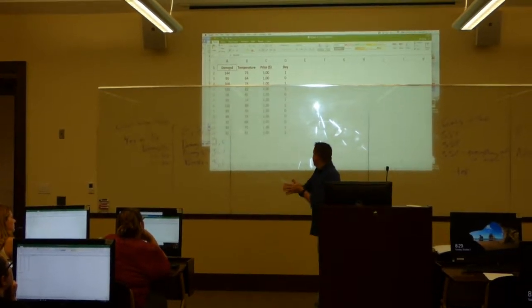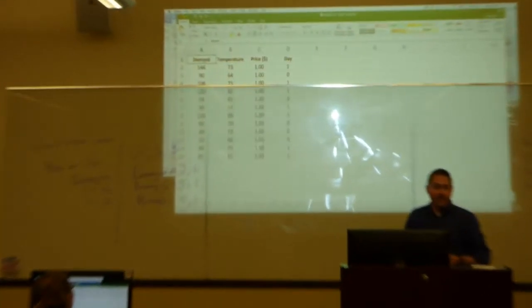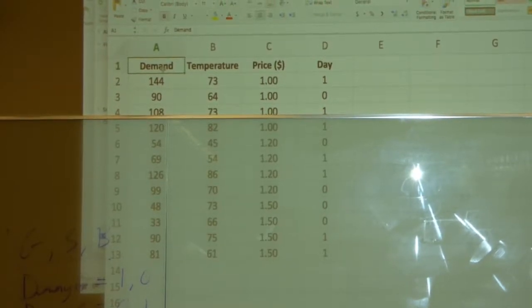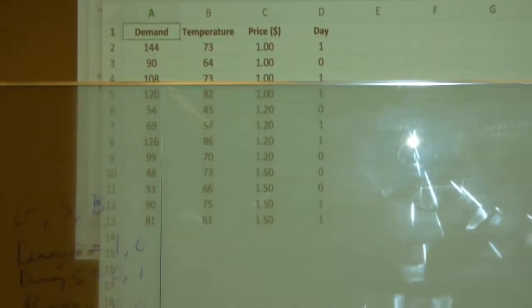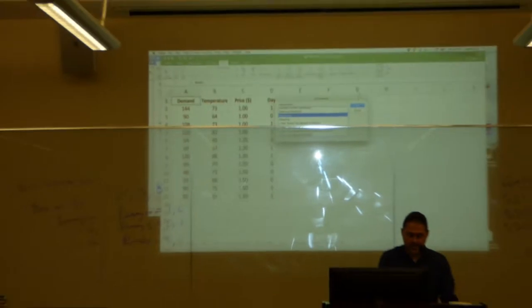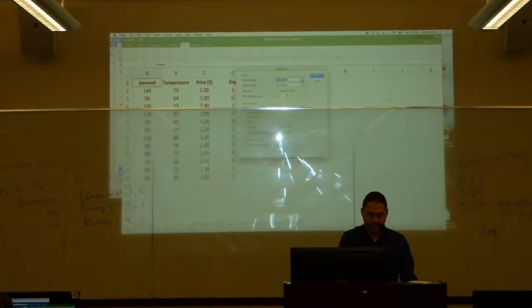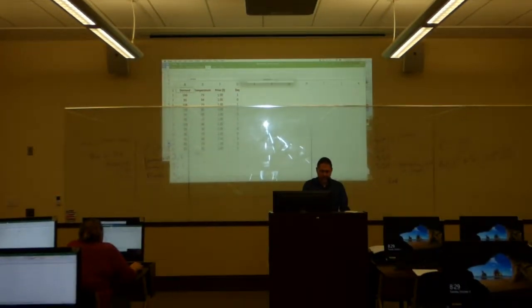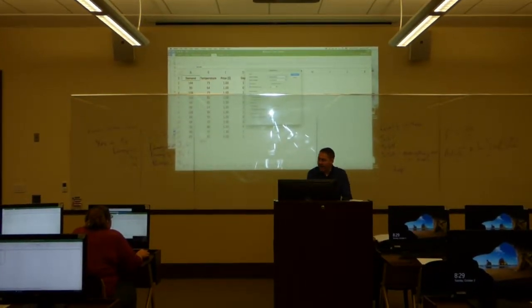Demand. Temperature, price, day. Let's go ahead and just do our regression analysis. Go to data, data analysis, regression. Okay. In our dependent variable, we highlight the y.